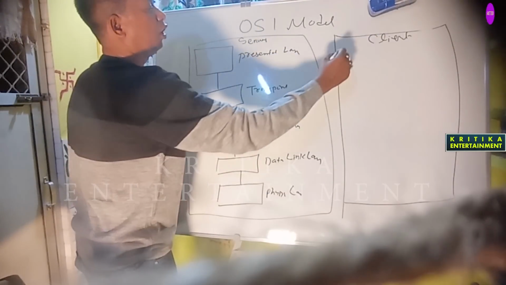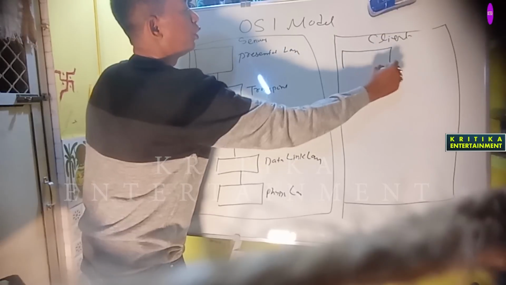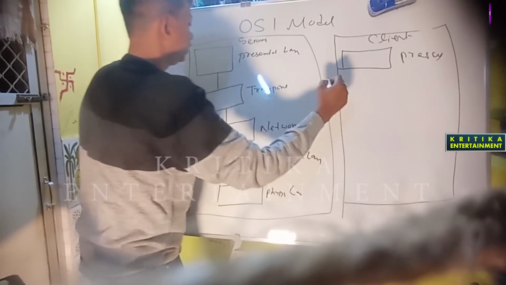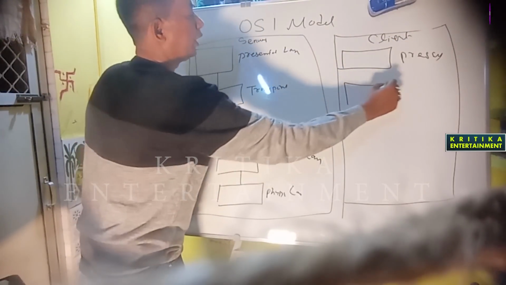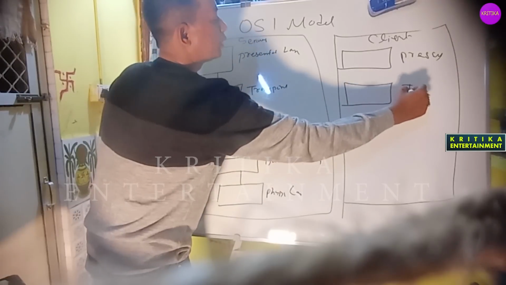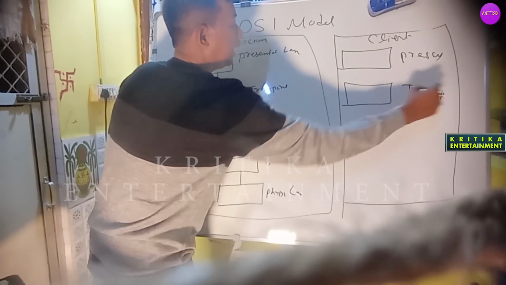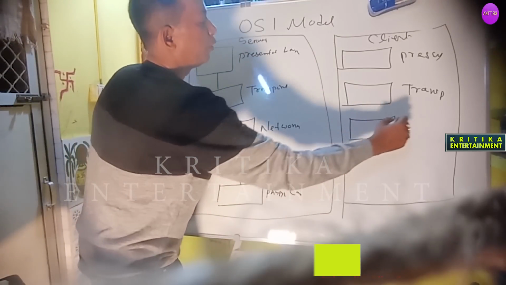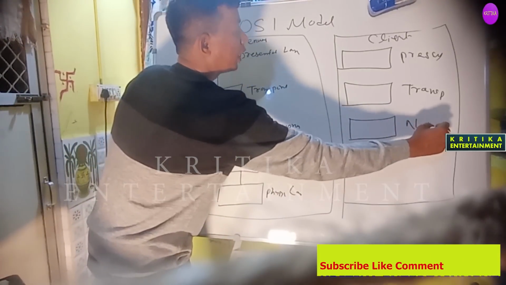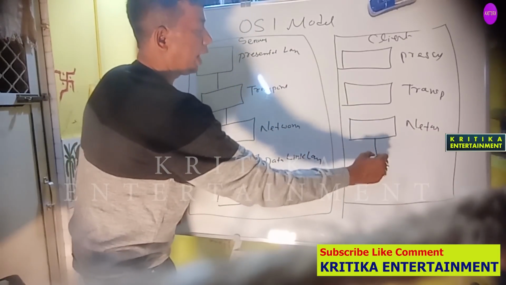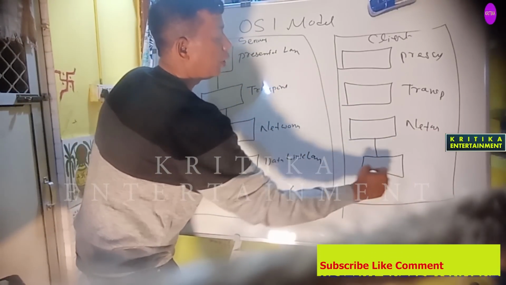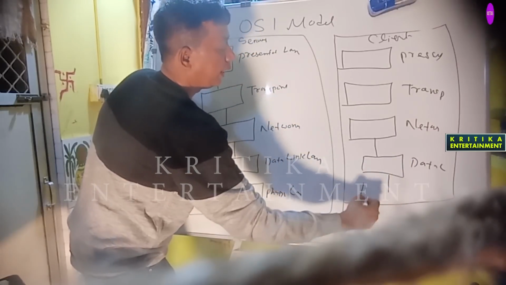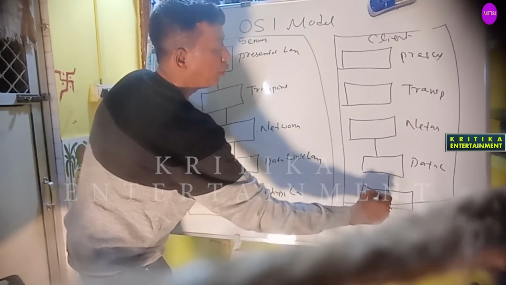In the client terminal also, this is called your presentation layer, this is your transport layer, this is your network layer, this is your data link layer, and this is your physical layer.